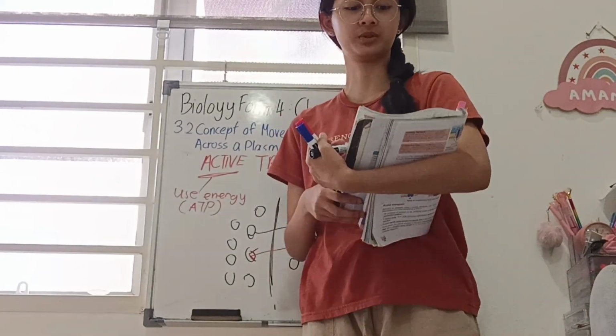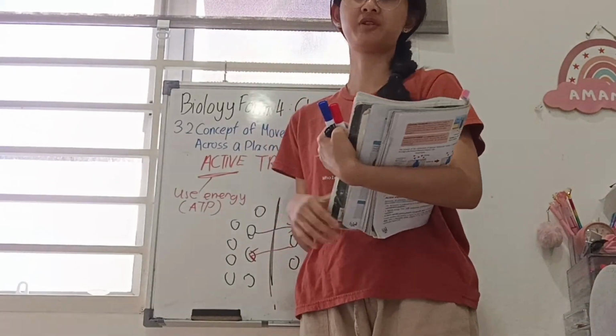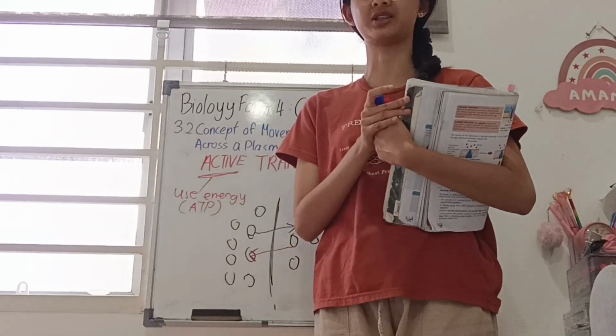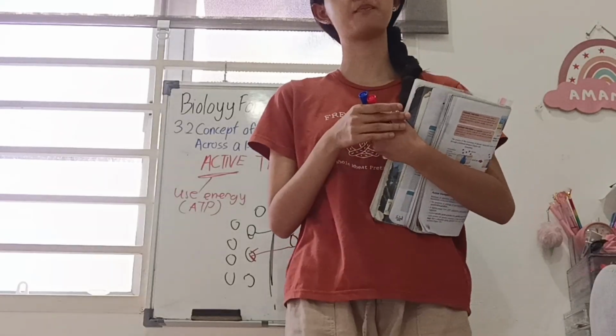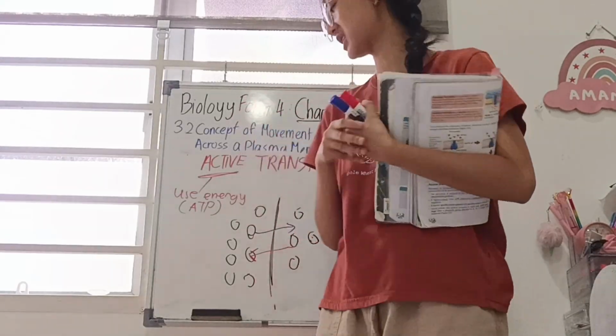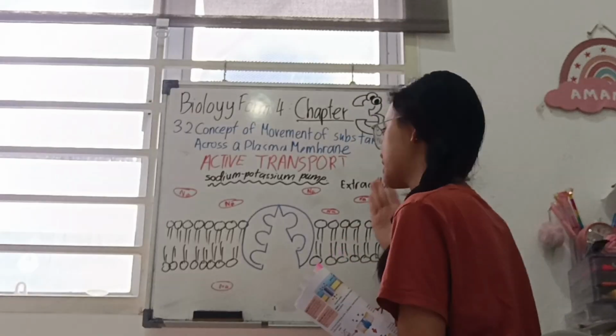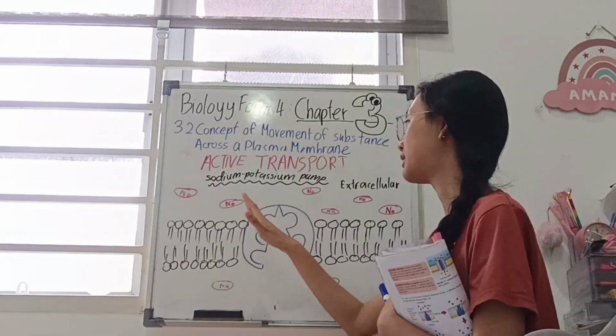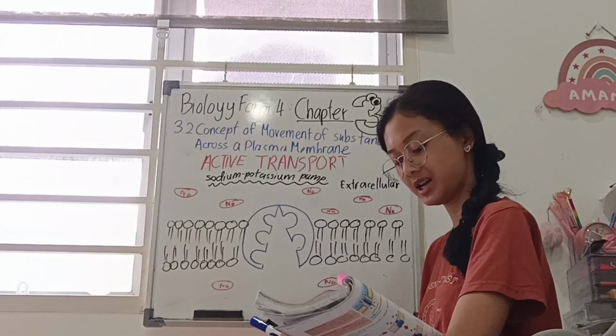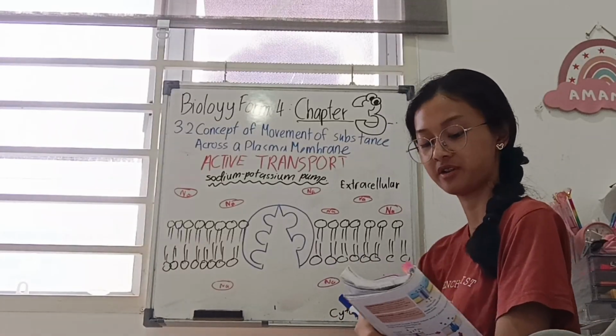So one example from the textbook is the sodium potassium pump. The sodium potassium pump is actually really famous, so I'm going to explain about that. It's in the textbook page 55.